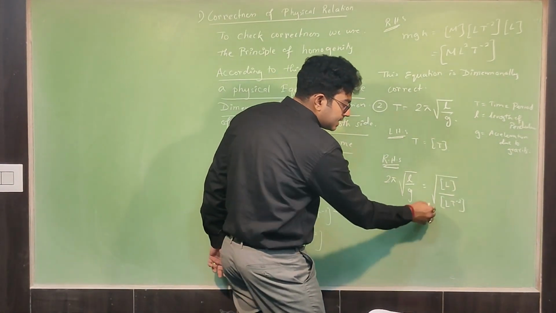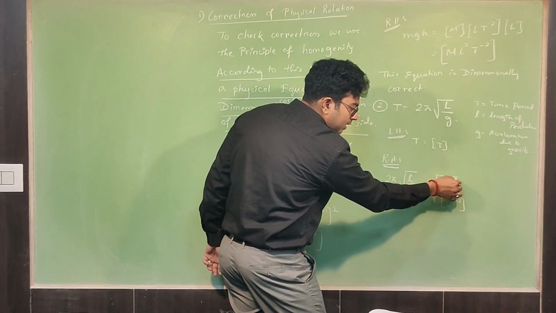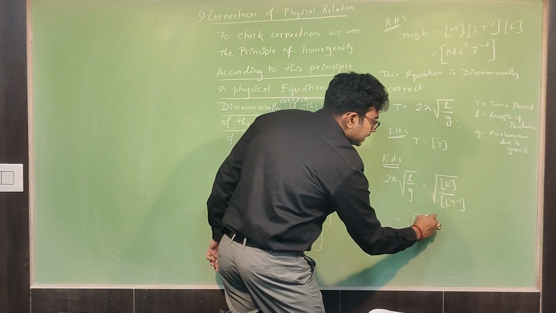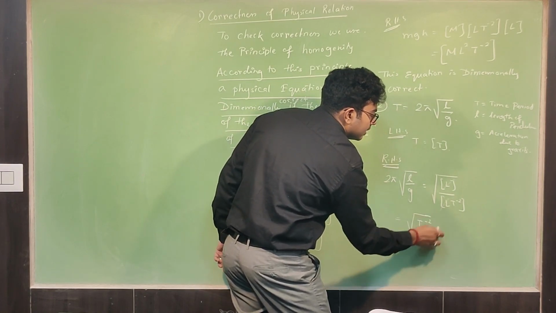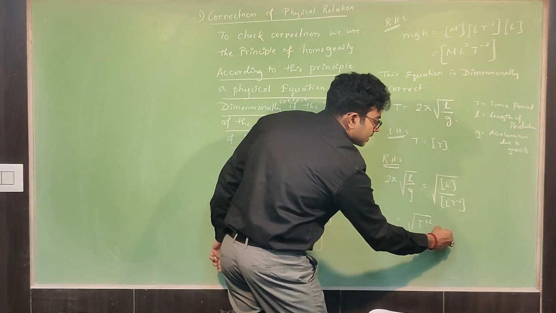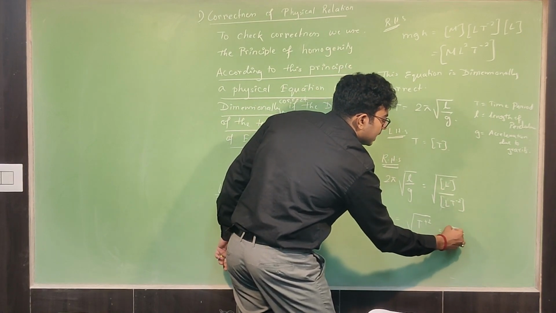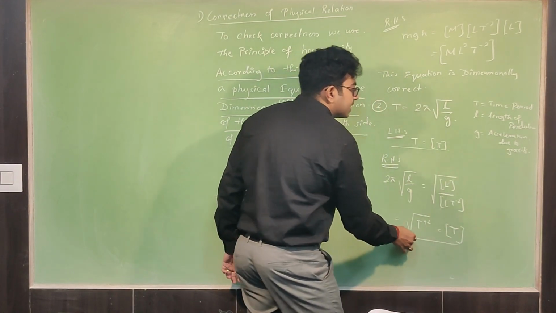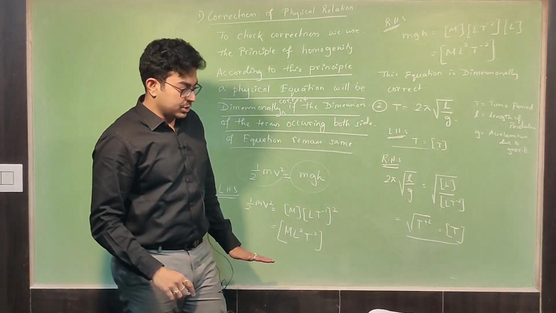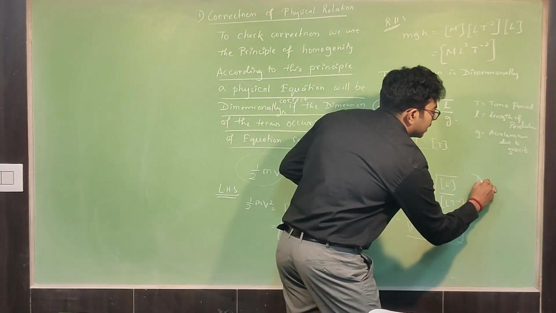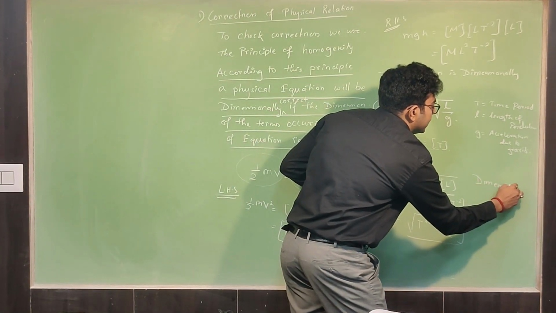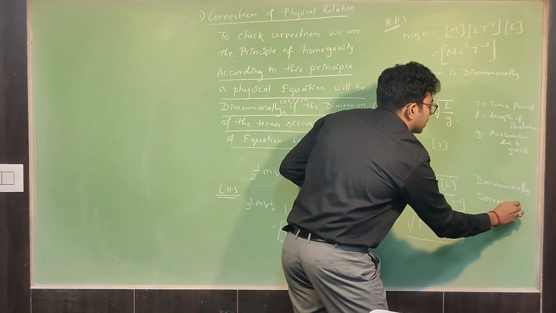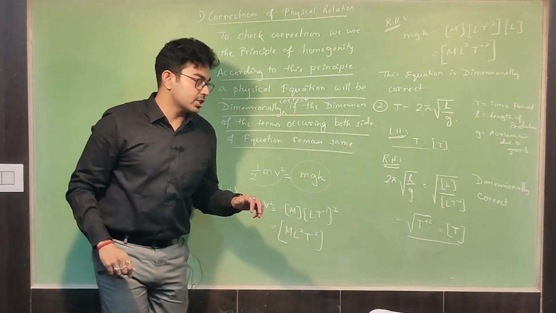How can L and L cancel out? This is L to the power 1, here also L to the power 1. So L and L cancel out, and the root goes up, so this is only T. So here also the left hand side and right hand side have the same dimension. So this is again dimensionally correct. This is also dimensionally correct.